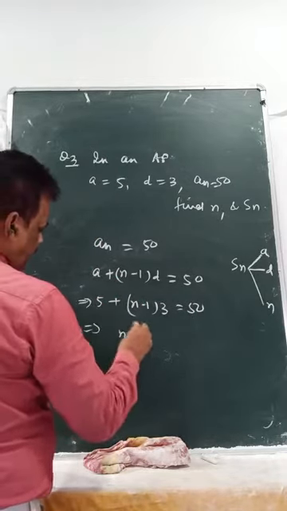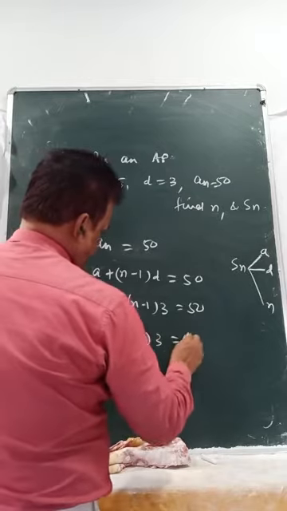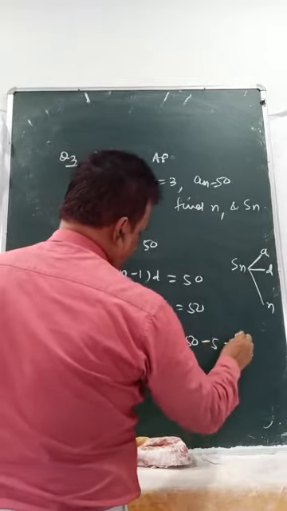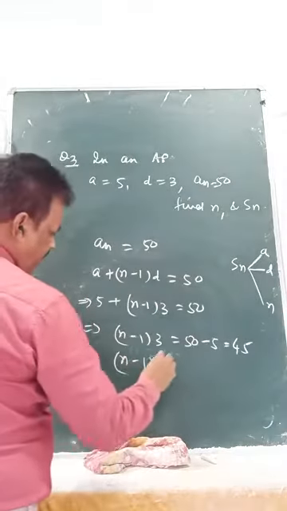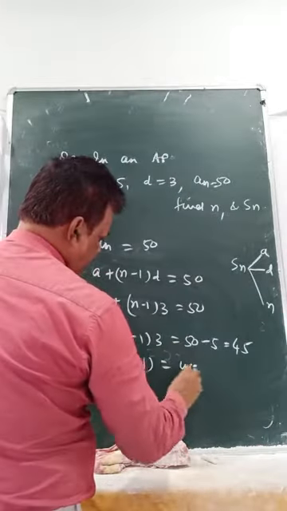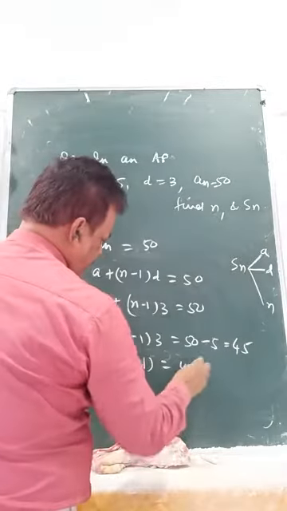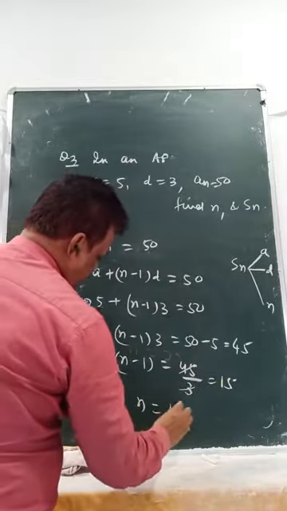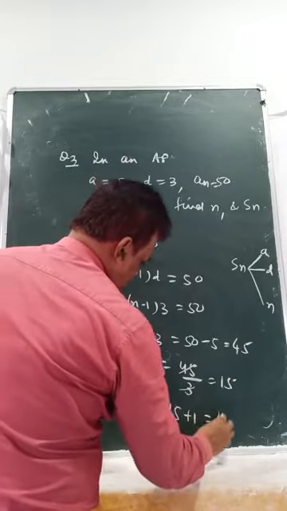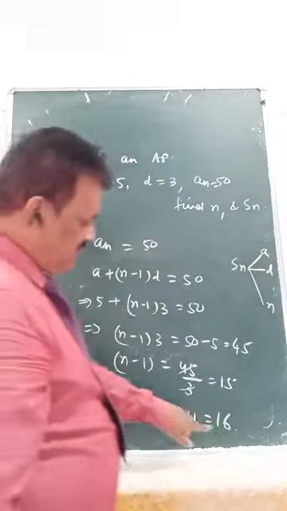(N minus 1) into 3 equals 50 minus 5, 45. N minus 1 equals 45 divided by 3, 15. N equals 15 plus 1, 16.